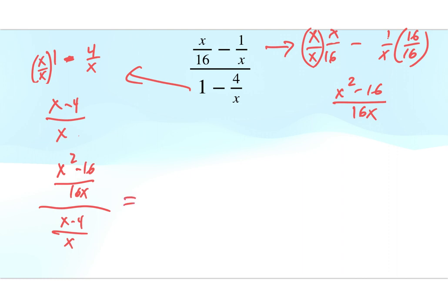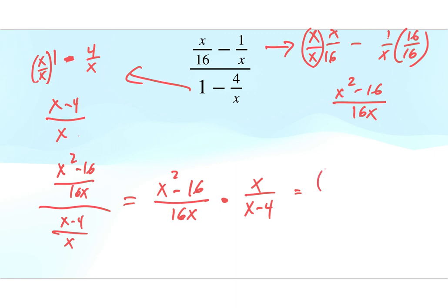Dividing by a fraction is the same as multiplying by the reciprocal, so I'll have my numerator, x squared minus 16, divided by 16x, times the reciprocal, so flip my denominator. And then because we've done it about 1,000,000 times, not really, x squared minus 16 is a difference of squares.